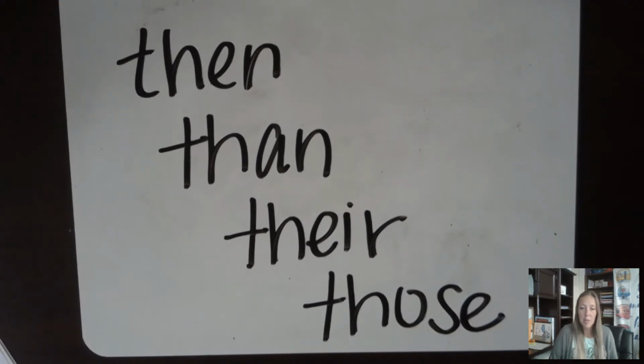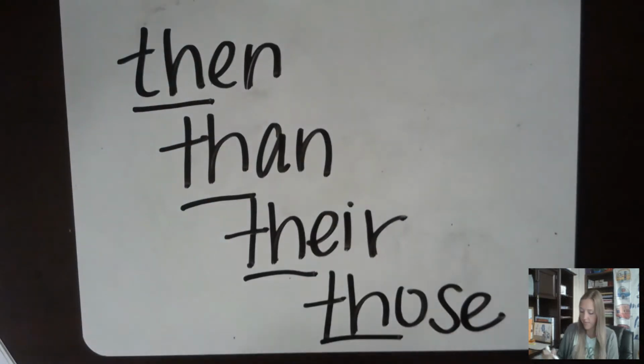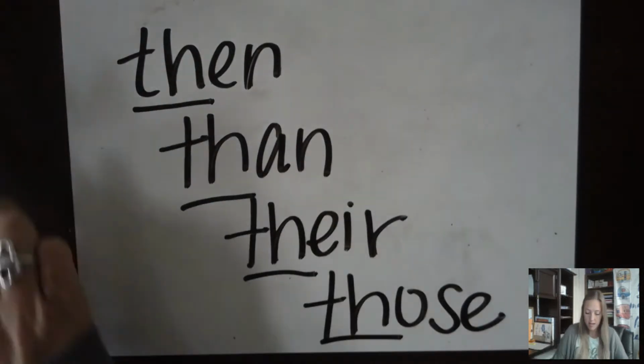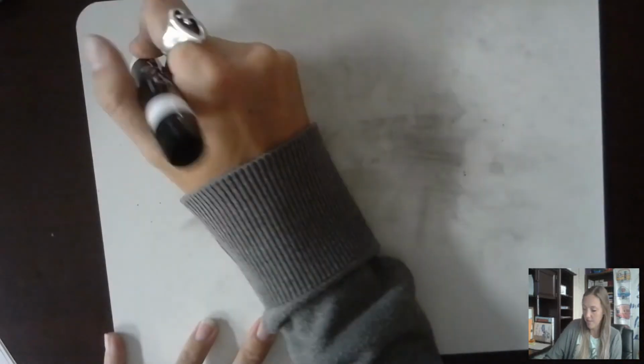Can you tell me what letters are making that sound? The TH. Th. All right. So I'm going to write some more words, and I want you to repeat those after me also.